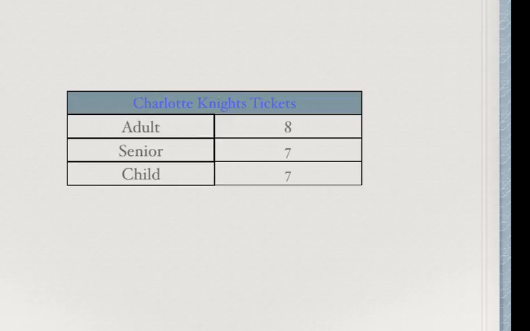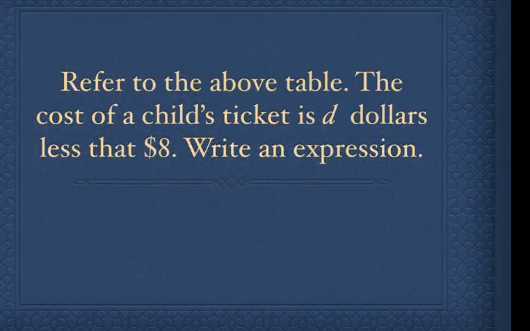You can see that an adult ticket costs $8, a senior ticket costs $7, and a child's ticket costs $7. So if we're referring to the above table, the cost of a child's ticket is $D less than $8.